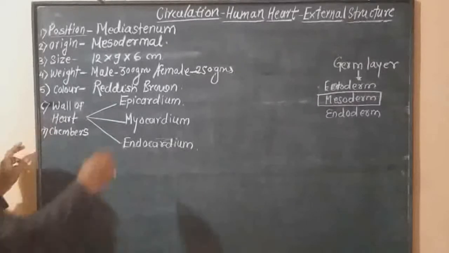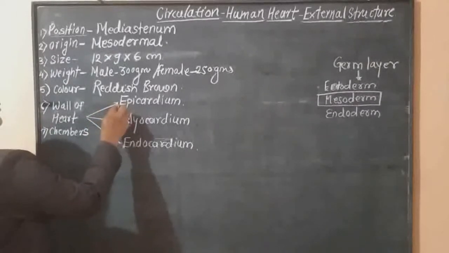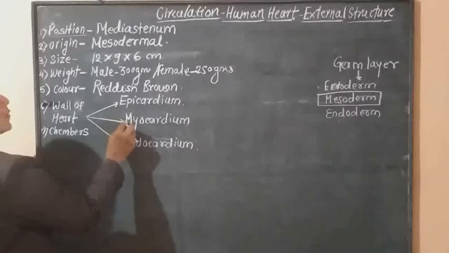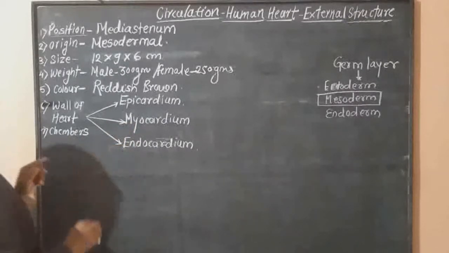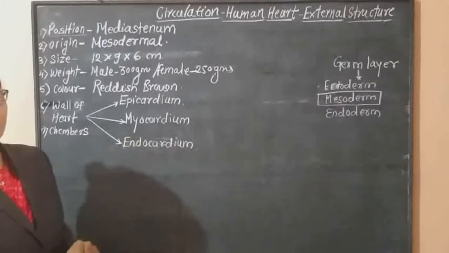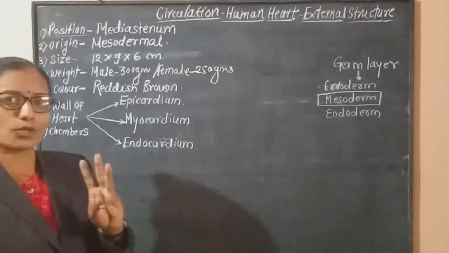The heart wall is made up of 3 layers. The first layer is called epicardium, the second layer is called myocardium, and the innermost third layer is called endocardium. So the heart wall consists of 3 layers.